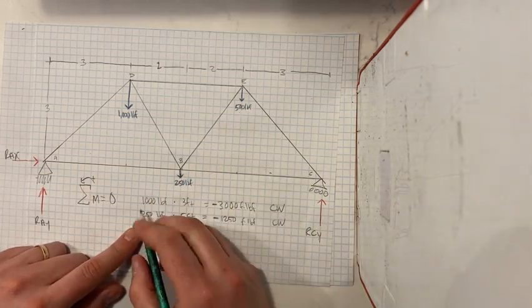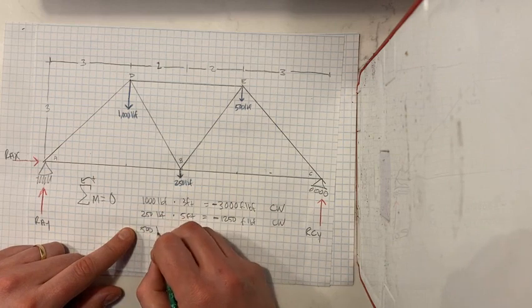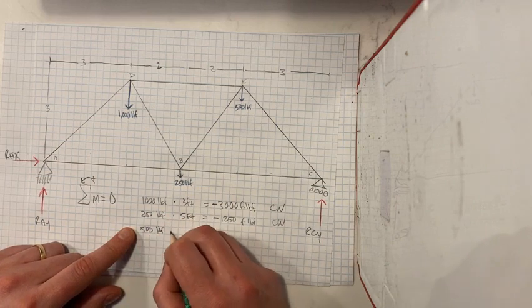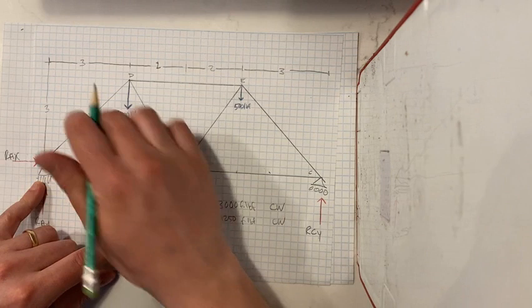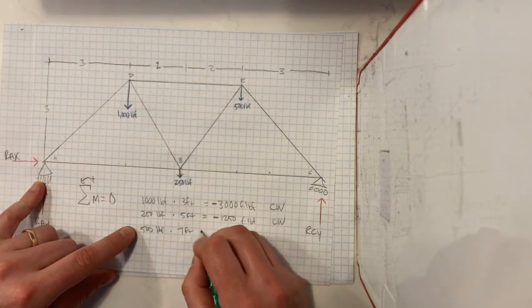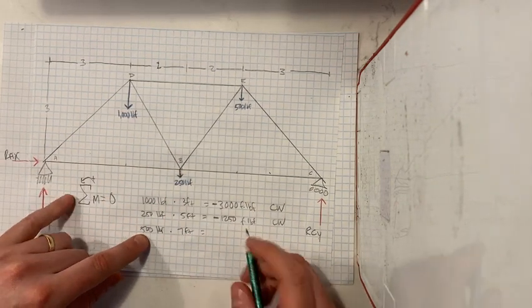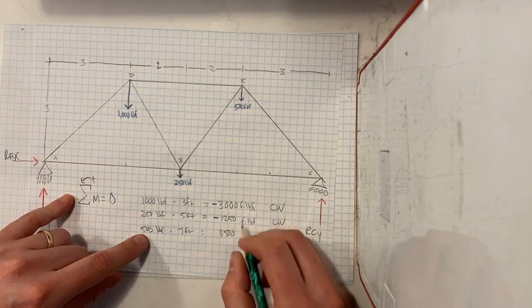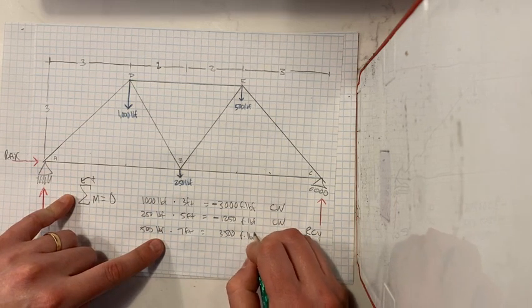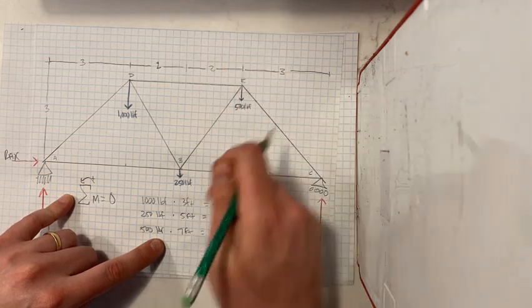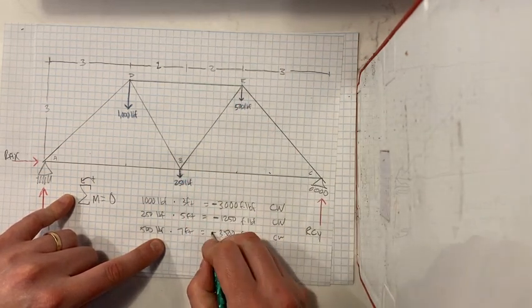And I've got 500 pounds of force here, times 2, and 2 is 4, and 3 is 7 feet. And so that's going to equal 3,500 feet times pounds of force, also clockwise, so that's also going to be negative.